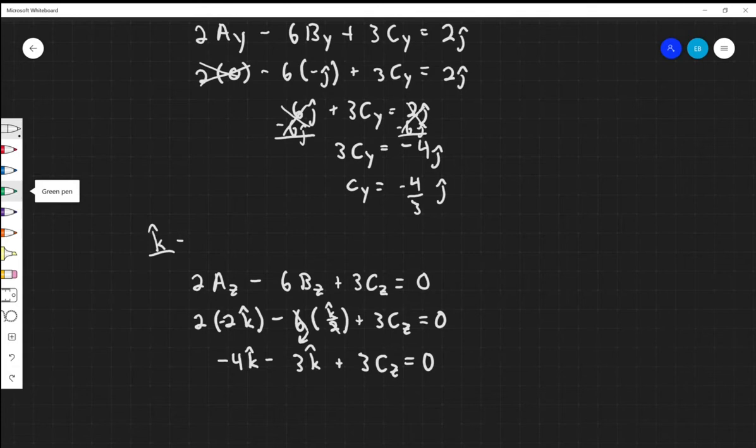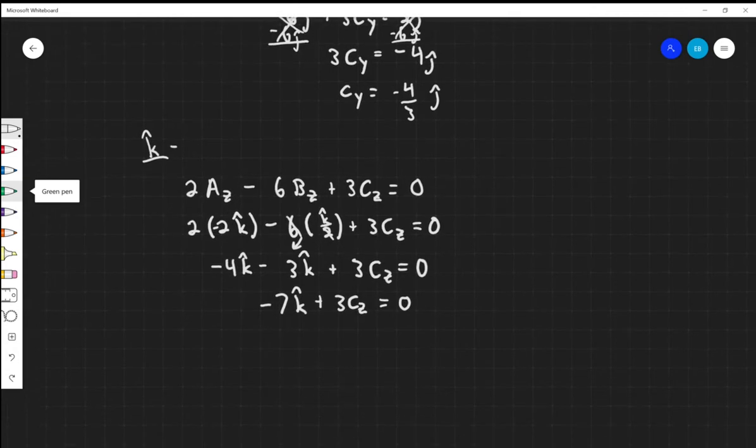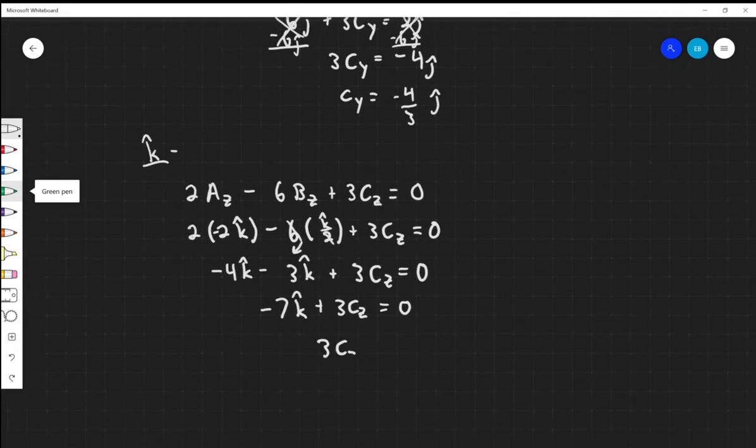And when I multiply all this out, I've got my negative 4k minus my 3k, that gives me my negative 7k hat, plus 3cz equals 0. 3cz equals 7k hat. By adding my 7 over to the other side and dividing both sides by the 3, I find that my cz is equal to 7 over 3 in the k hat direction.